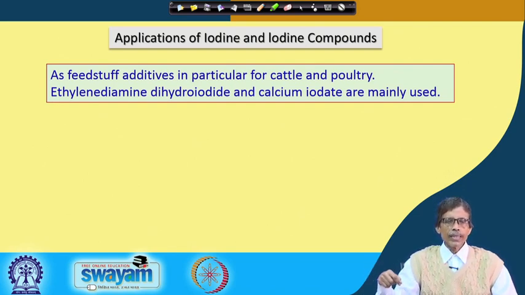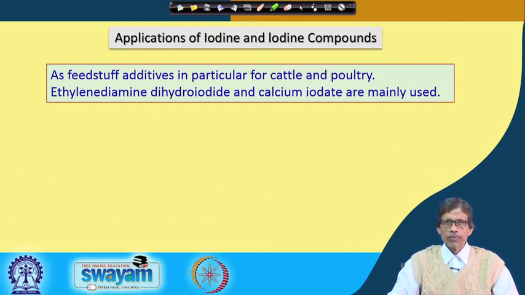Similarly, ethylene diamine dihydroiodide is nothing but the hydroiodic salt of ethylene diamine. Ethylene diamine is a dibasic amine, NH2CH2CH2NH2. That ethylene diamine, which is a liquid, can form salt with any acid. It can form salt with hydrochloric acid, with hydrobromic acid, and similarly with hydroiodic acid.